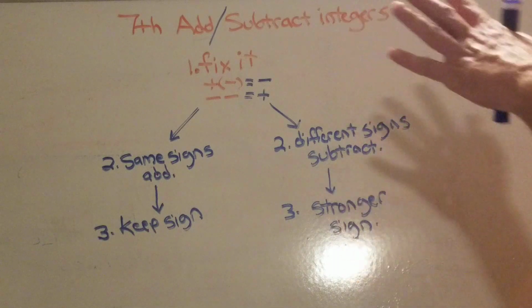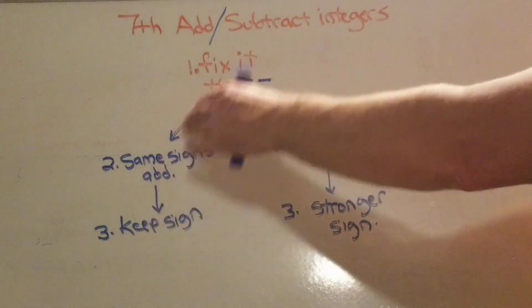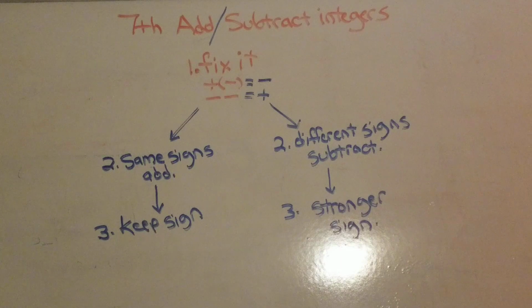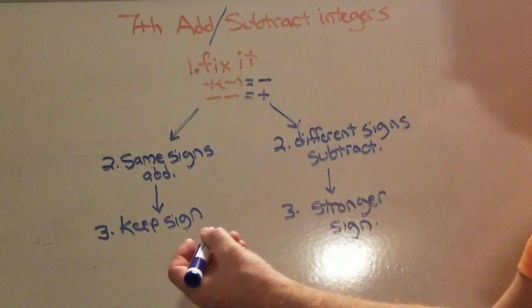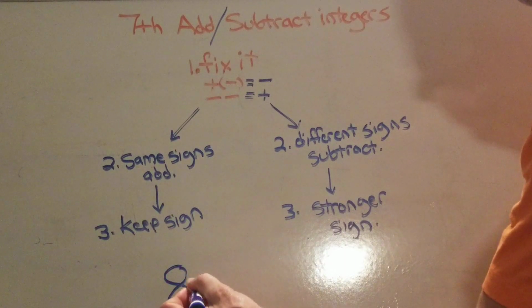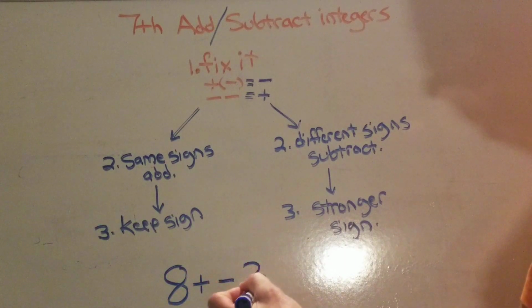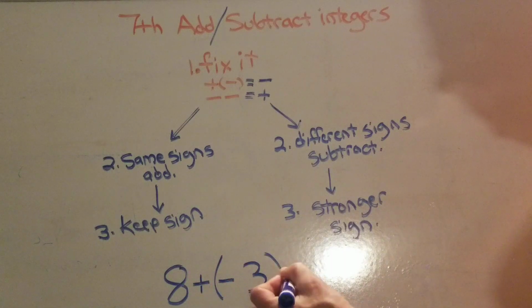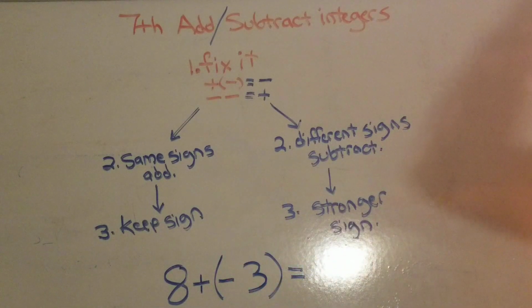And we're just going to go through a couple of these, and we're going to follow this chart and see how it helps us solve these, okay? So I'm going to start off with 8 plus negative 3. All right? So step 1 is the fix-it step.